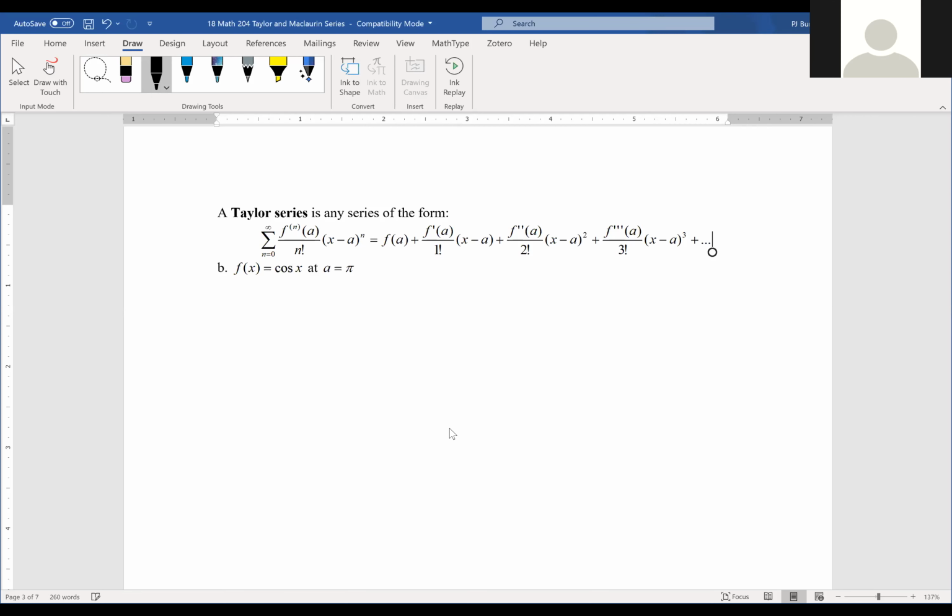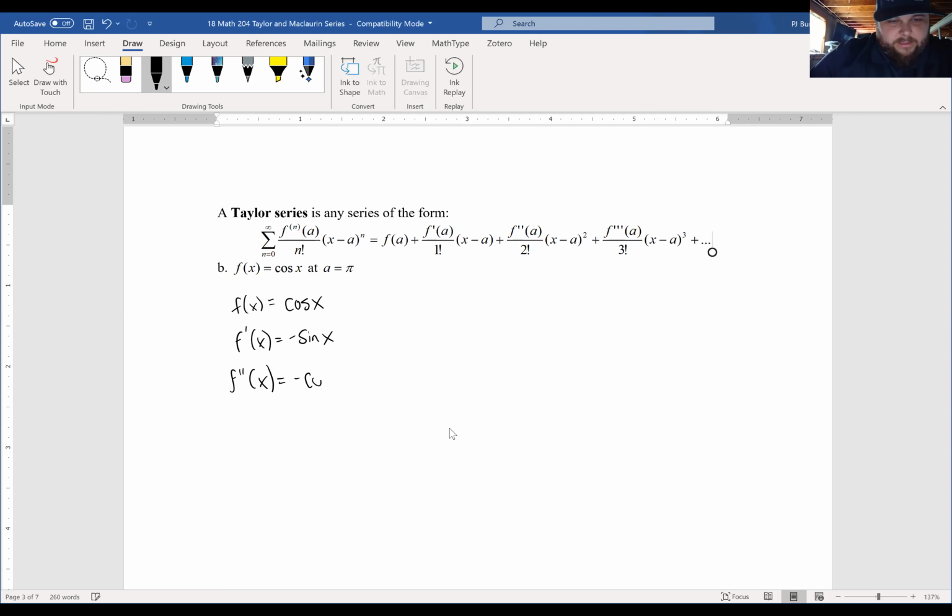So again, we need to take our derivatives. f of x is cosine. f prime is minus sine. Double prime, minus cosine. Triple prime, back to sine. Fourth derivative is going to be cosine again.